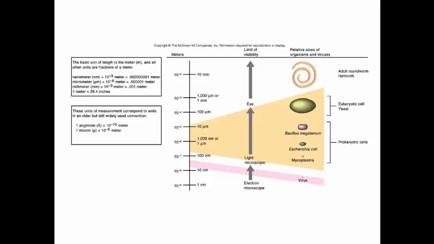Human cells range from 0.5 millimeters to about 100 microns. Okay? So what we're talking about is it's going down. Now there are exceptions to the rule, but the key point is that as you get smaller and smaller, you have to have more sophisticated tools to enhance the viewing of these organisms, let alone study them.